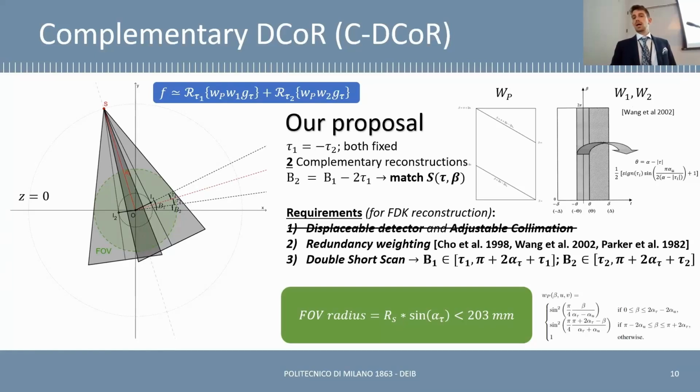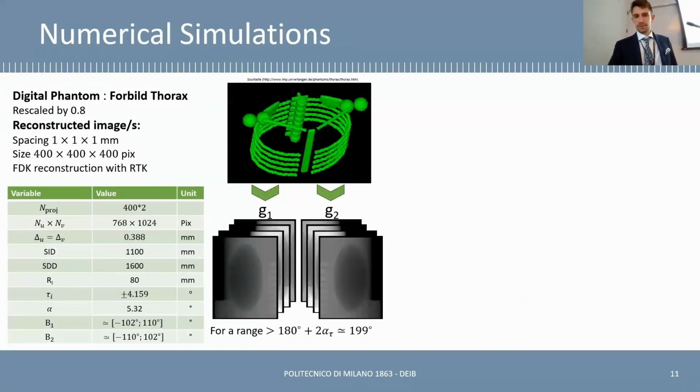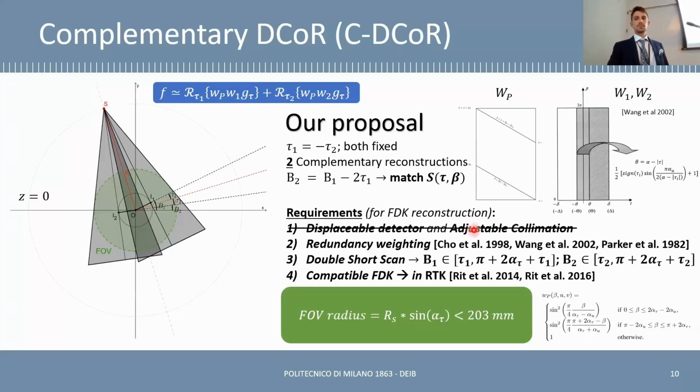So we are combining both the short scan and the displaced detector weights. The whole procedure that includes 2D FDK weighting, ramp filtering, and back projection is conducted separately for the first and second acquisition, and then the two partial reconstructions are summed together.